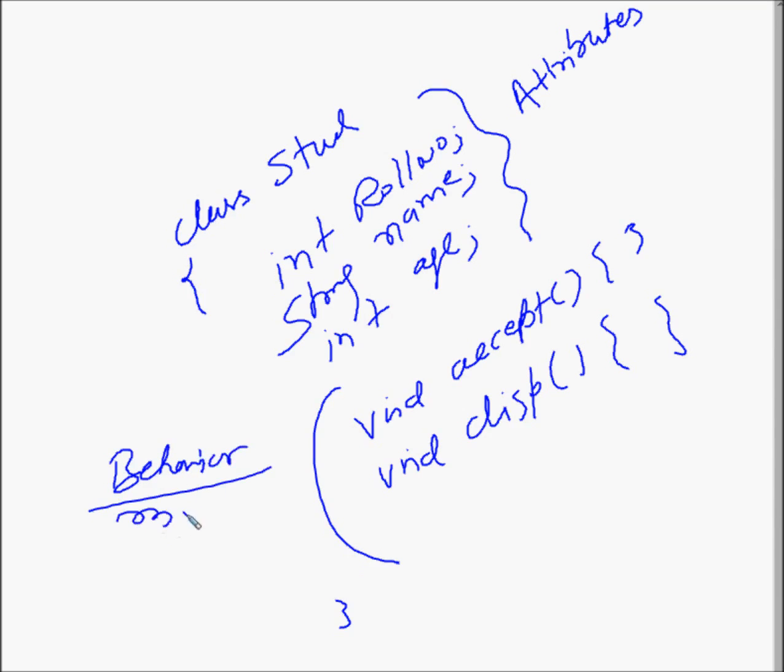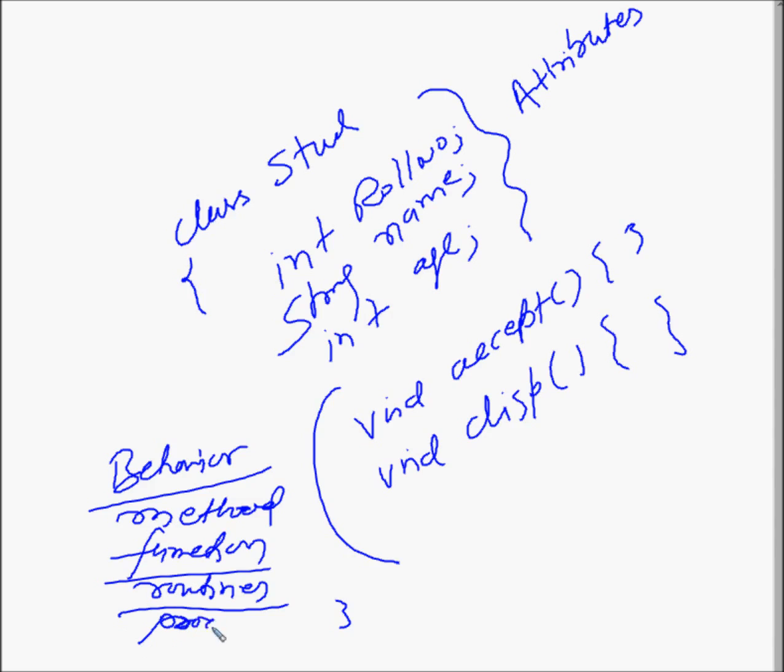We can also call it method, function, routine, procedure. All these are the same. In different languages there are different names. In OOPS concepts we call it behavior and method. But in C++ we call it function. In Basic we call it routine. In Visual Basic we call it procedure. So it is all the same.